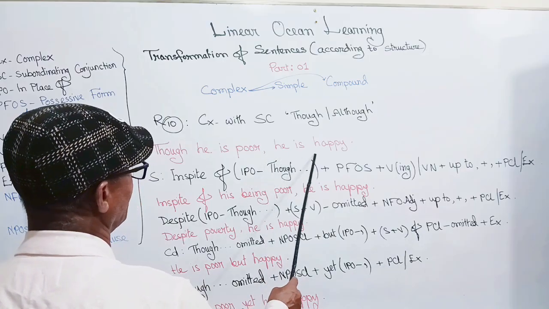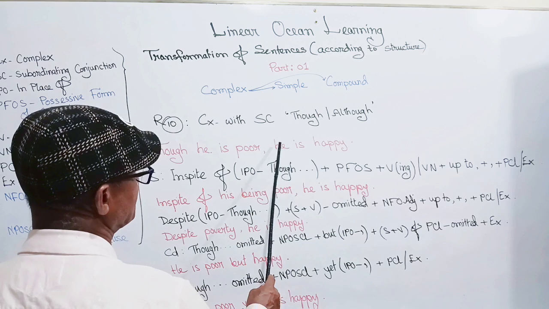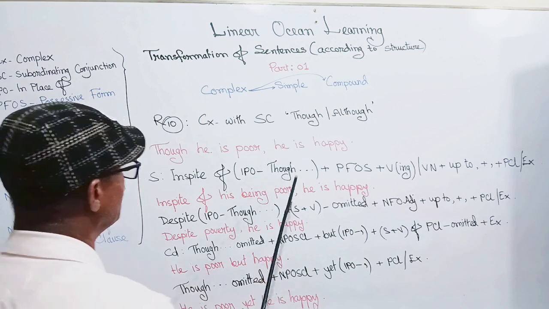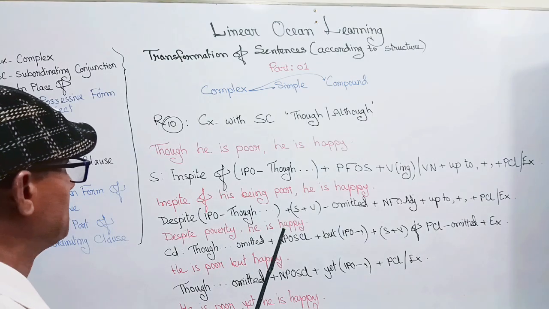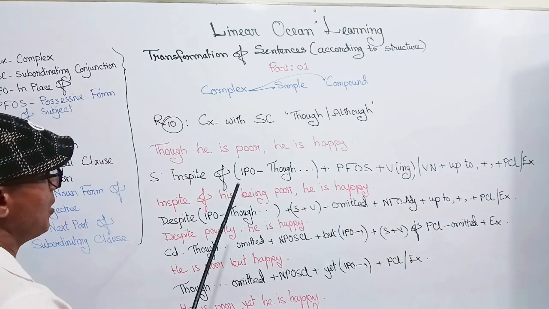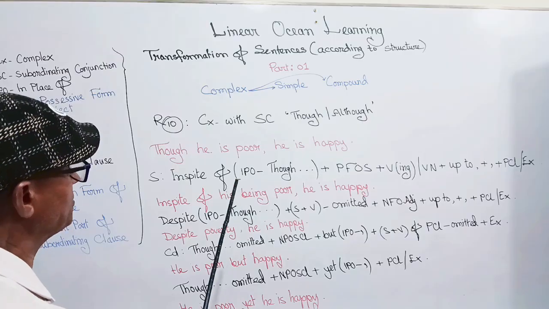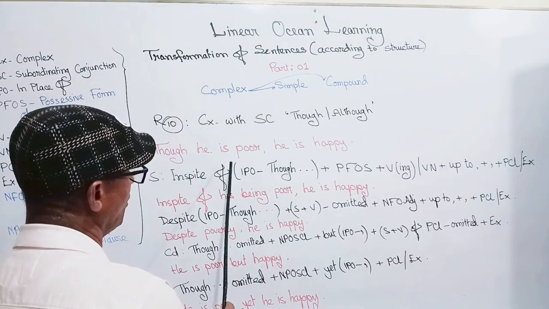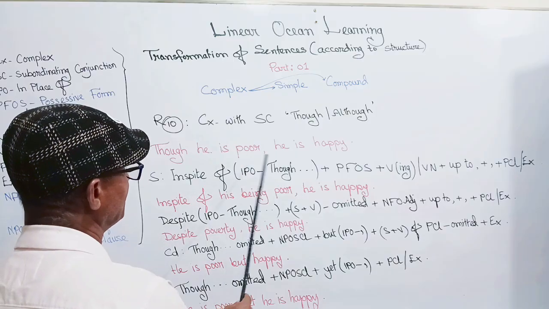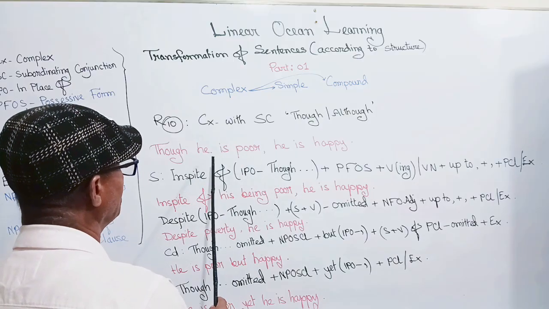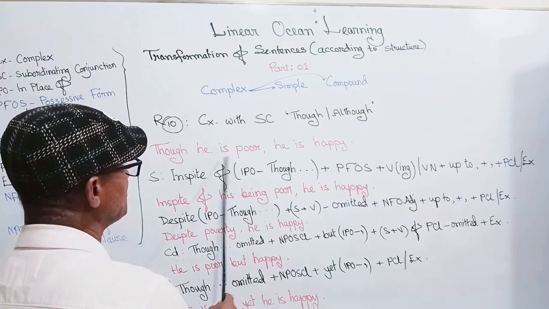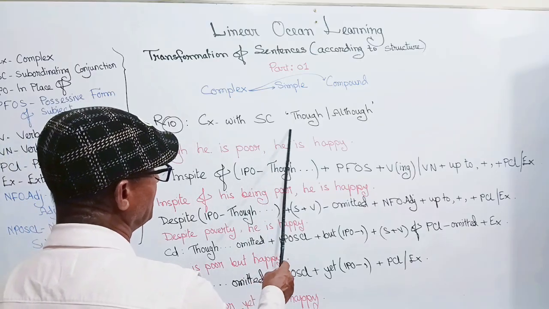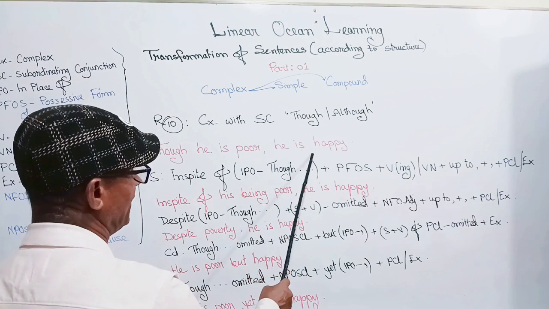Principal clause here is again he is happy and its subject and verb is he is. This will be omitted. Why? Because in case of compound sentence with but, if both the clauses are of the same sequence of tenses and if there is the same subject, then there will not be any subject or verb after but.